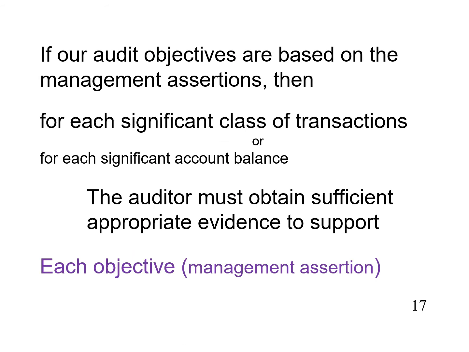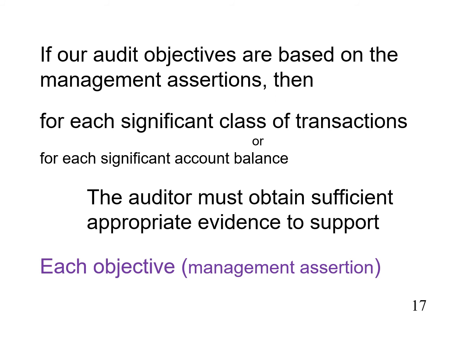If audit objectives are based off of the assertions, then for every significant class of transaction, we must obtain sufficient appropriate evidence to support each and every assertion. So if the assertions become our objectives, then we need evidence to support those assertions.